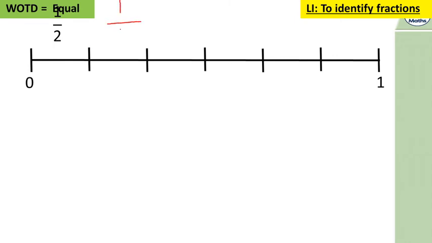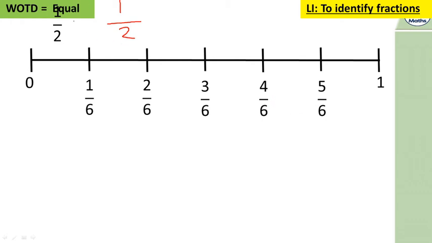Okay, this isn't very clear, so I'm just going to write it here. 1/2. This one's a little bit different because in the last ones, the denominator was how many times we had it split up. Let's see how many times it's split up here. So 1, 2, 3, 4, 5, 6 times. So it's in sixths. So we have 1/6, 2/6, 3/6, 4/6, and 5/6.